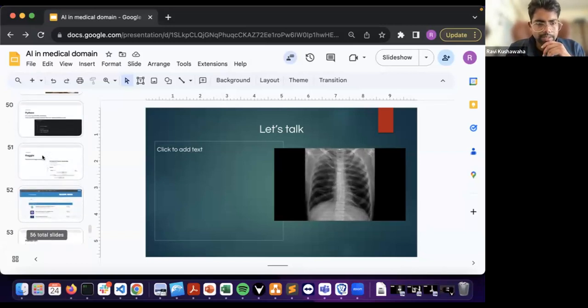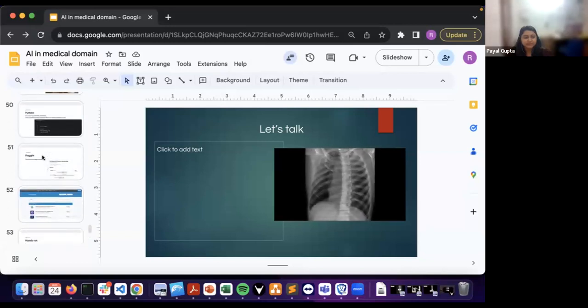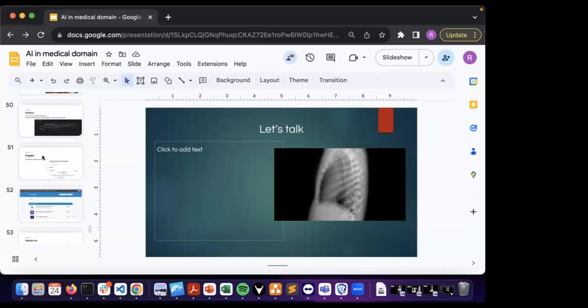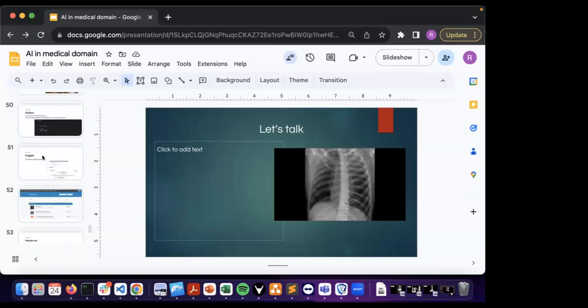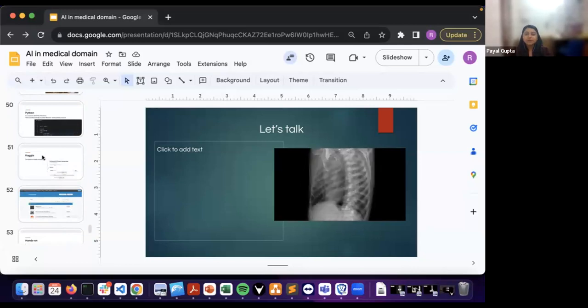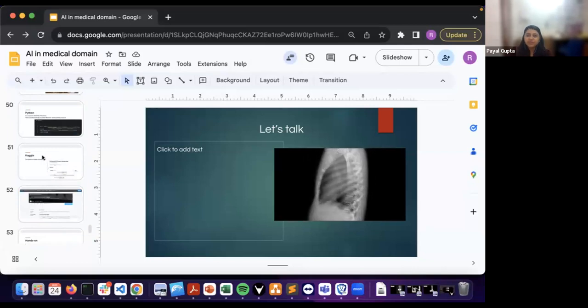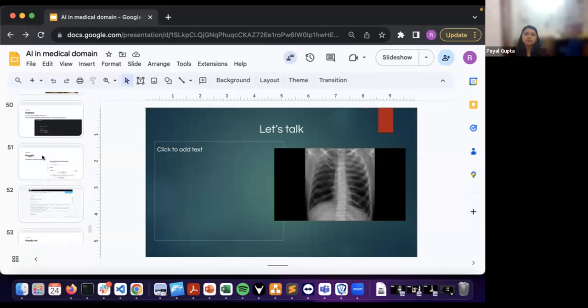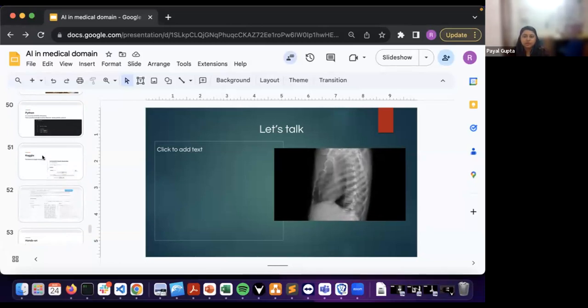Can you please repeat? Yes, sir. My question is what's the minimum number of images that we need to train a model on? What should be the minimum population of images that we have to work on for image data?